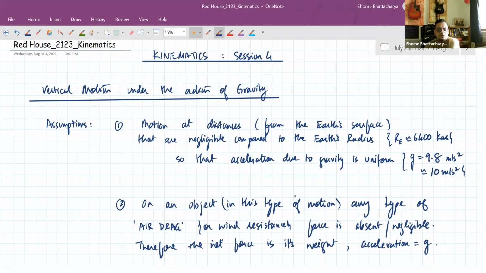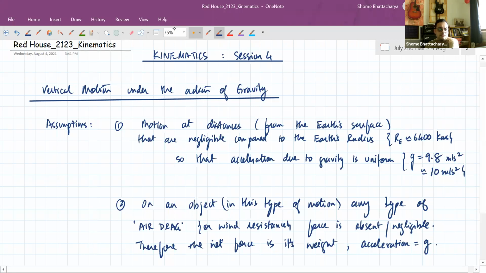Such an object will not move the way we're discussing here, because other forces like air drag and wind resistance will become significant. In this section, we are not going to discuss that type of situation. For us, the only significant force is going to be the gravitational force.